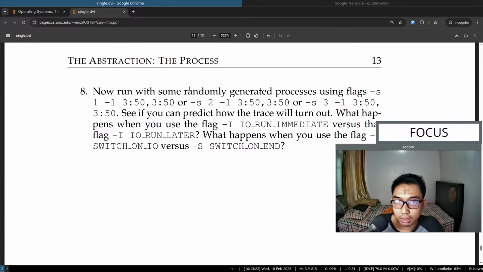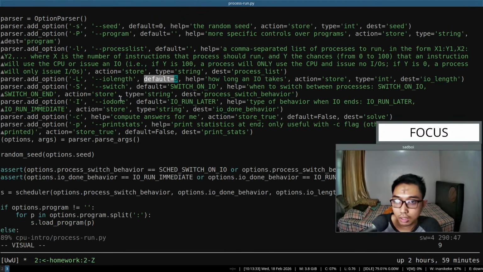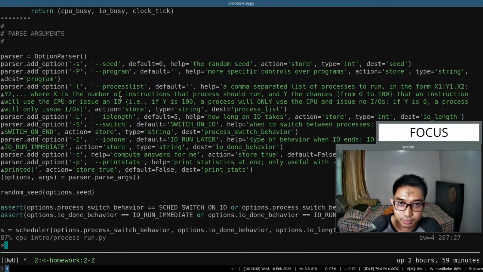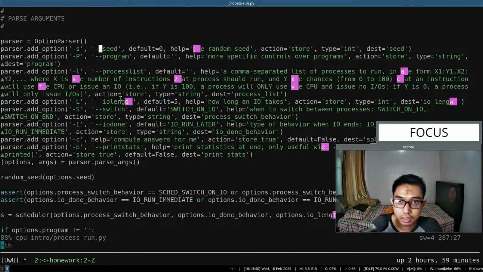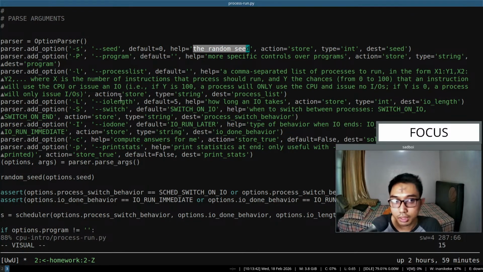Okay, now run with some randomly generated process using the flag test as 1. Okay. We are utilizing the seed flag, the random seed flag.